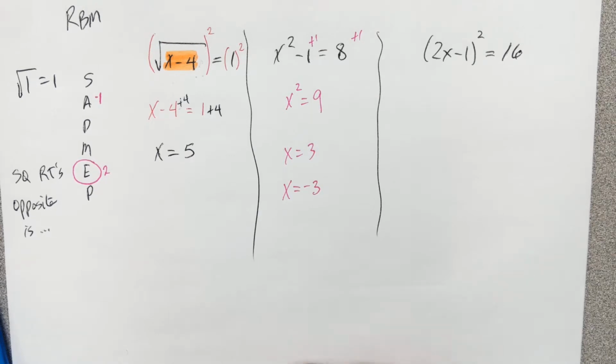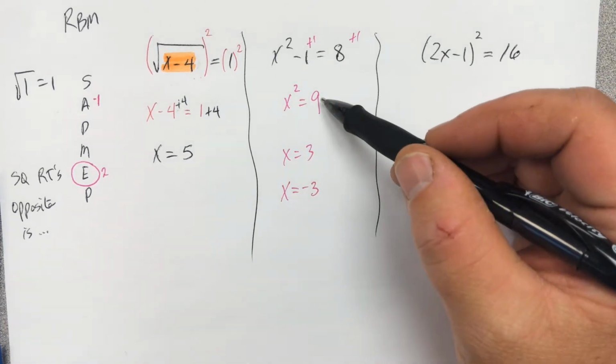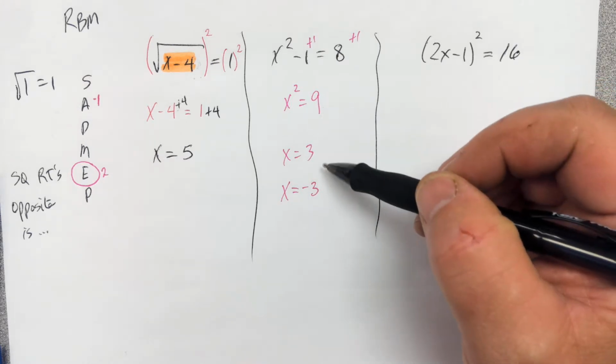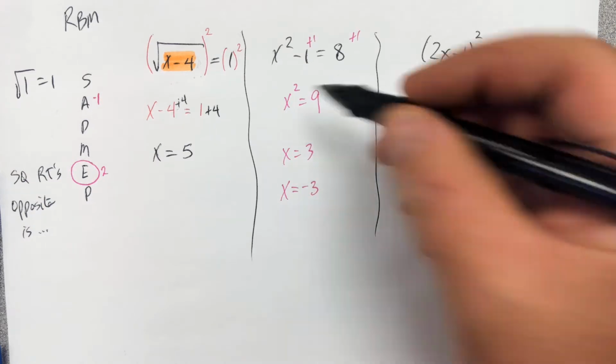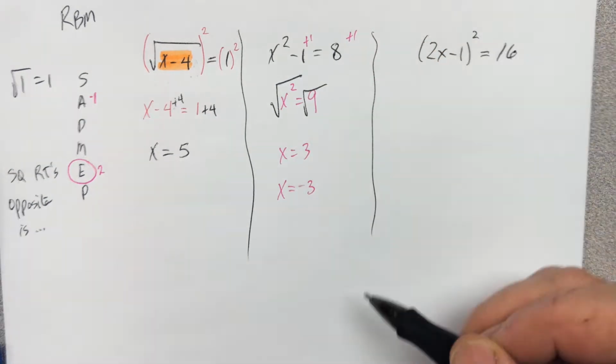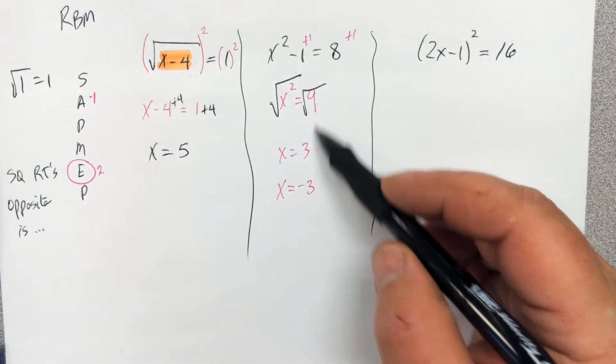Now, Yolanda, the actual step you use, like this one is easy because 9 is a perfect square. But if this was like 10, we couldn't write an answer like this. So what we would do is the inverse of square is square root. We would take the square root of both sides. And the square root of 9 is 3.